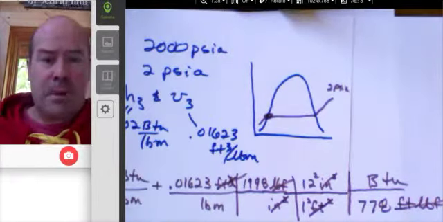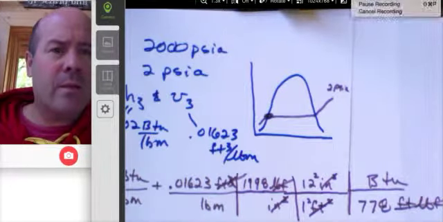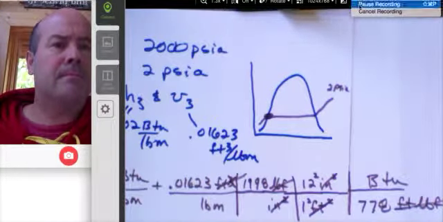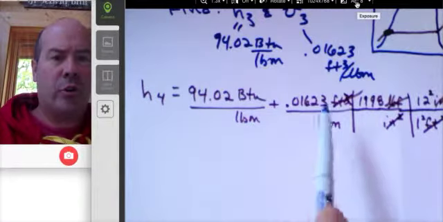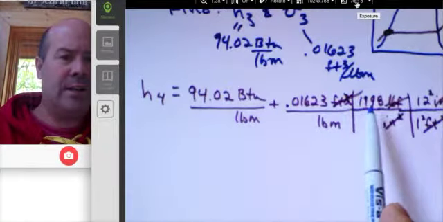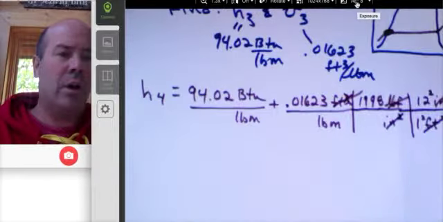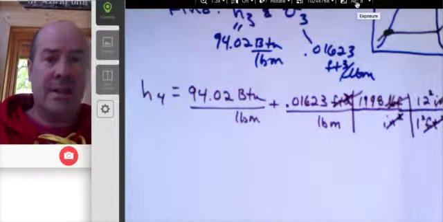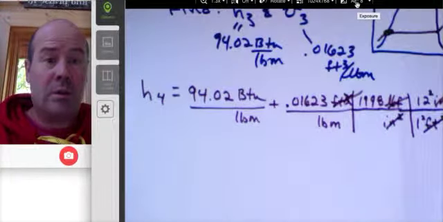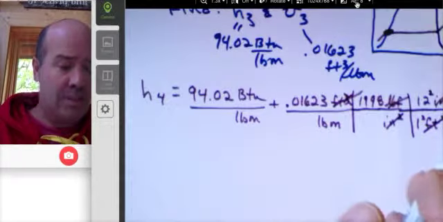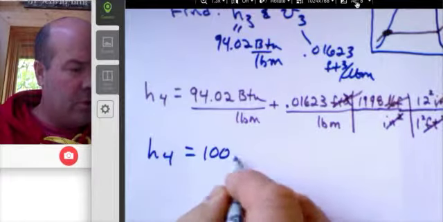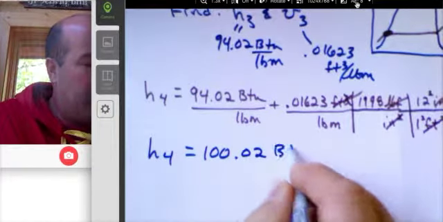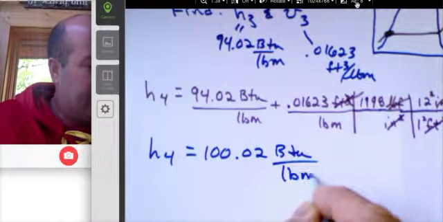Let me press pause and do that math, and then we'll be done. So all of that math, the 0.01623 times the 1998 times the 144 divided by the 778, that was equal to 6. 94.02 plus 6, H4, is 100.02 BTUs per pound mass.